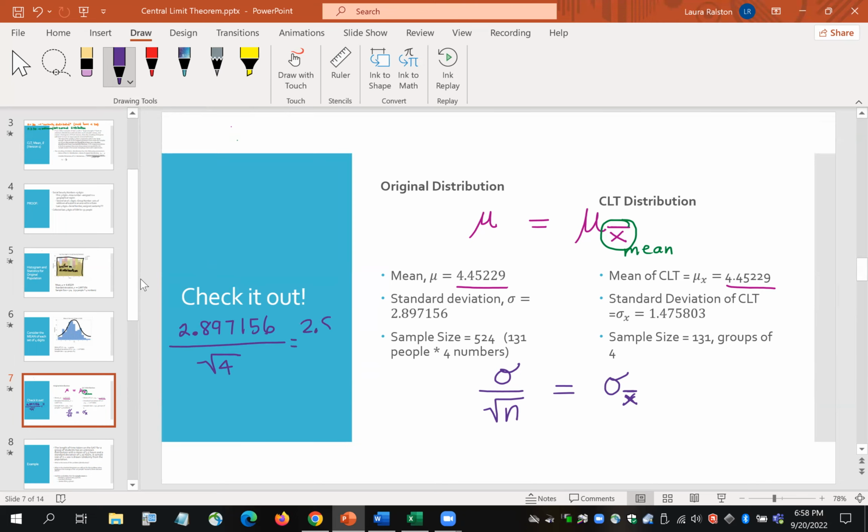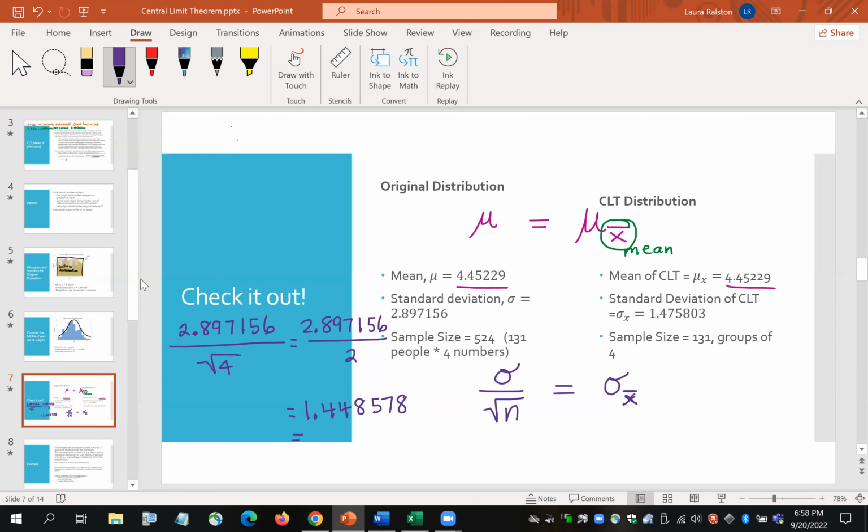So I have 2.897156 divided by 2. And if I do that math, 2.897156 divided by 2 is 1.448578.